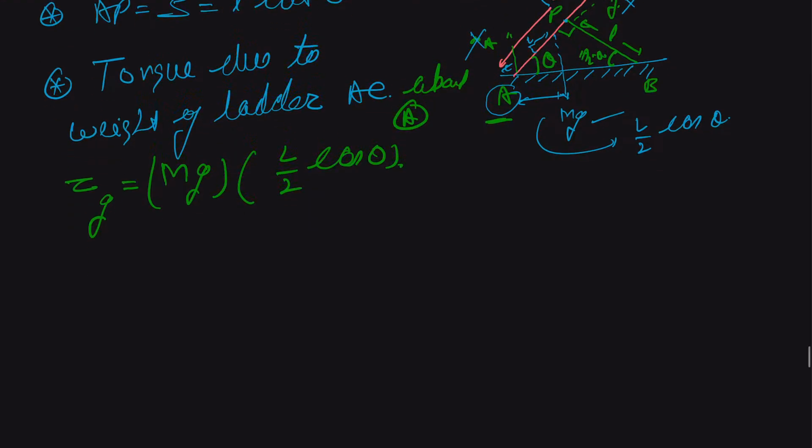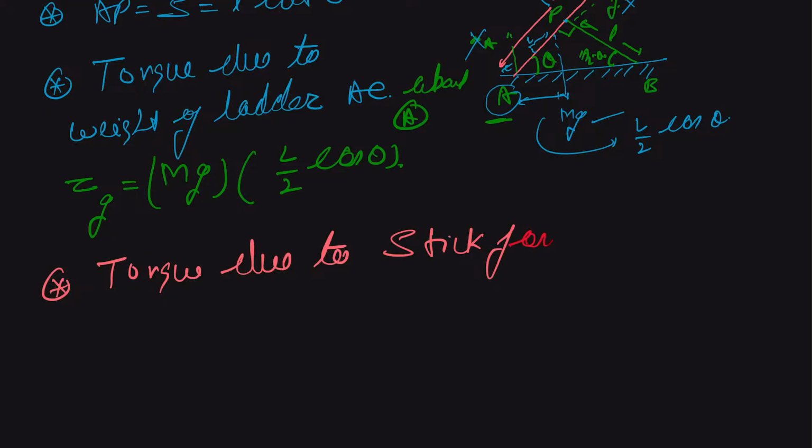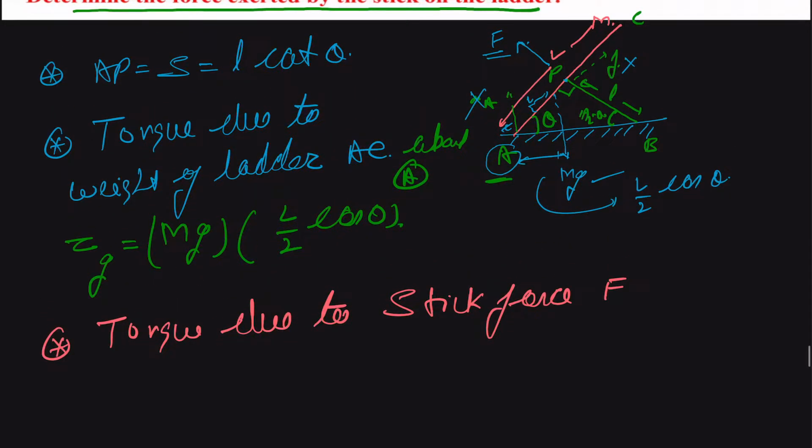And we can now come to the torque due to stick force, and the stick force we have to note as F, and F is at a distance S, which we just calculated.